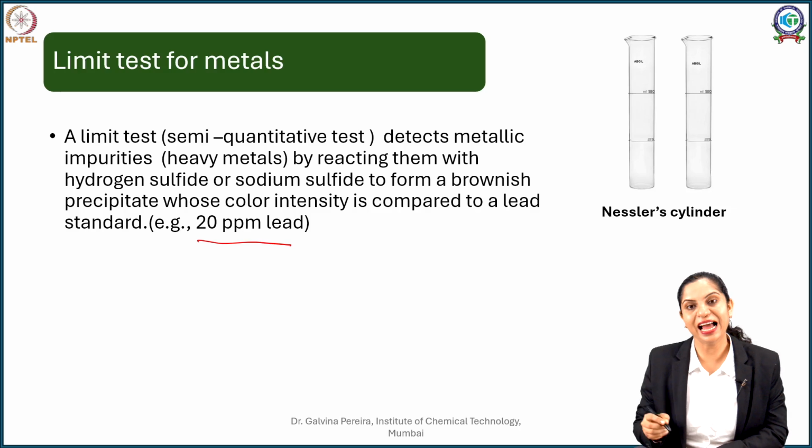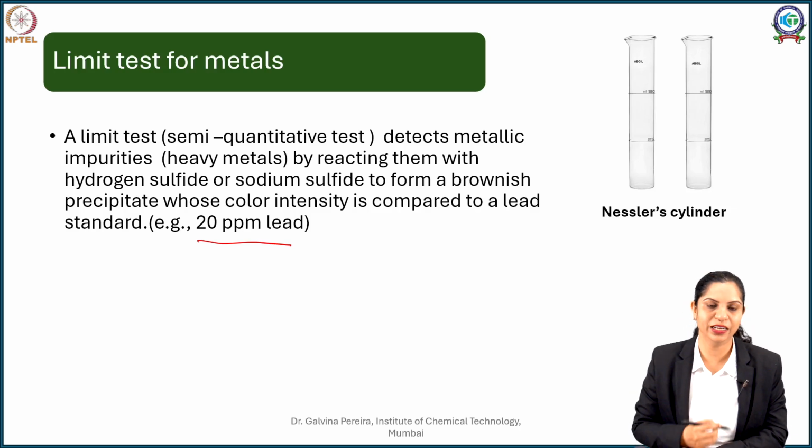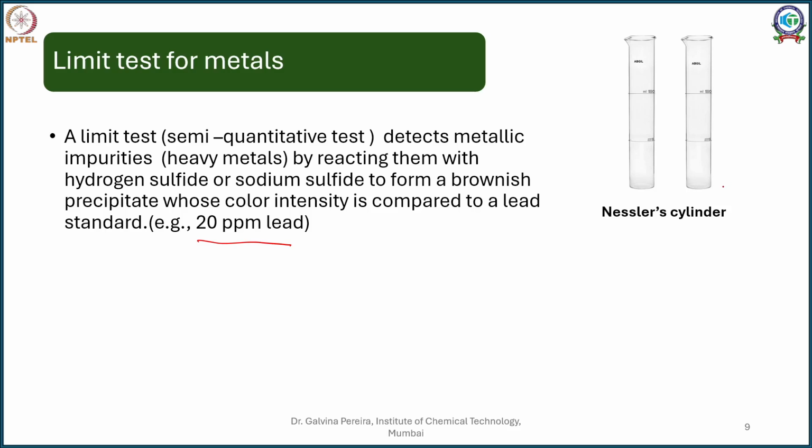Now I will take my ash, this ash also I will keep it, and I want the same thing. So how do I do this? I will use my standard lead solution, and I will use my sample ash. In both cases I will treat them with H2S gas.